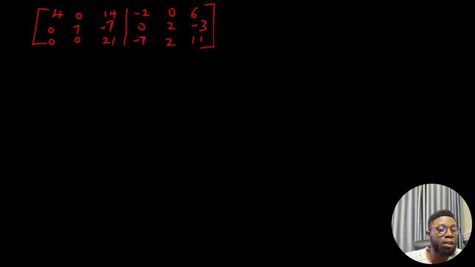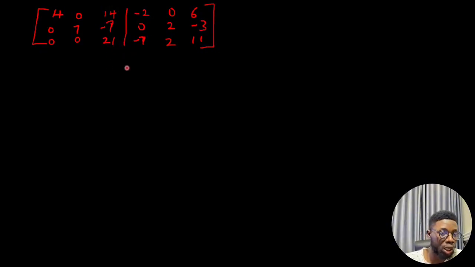Now, which means that I have the option of operating row 1 with either of row 2 or row 3. But if I operate row 1 with row 2, the existence of 7 here can easily make this 0 be a non-zero. So I'm constrained to only operate row 1 with row 3 to do whatever I need to do. So in that situation, I need to operate 14 and 21 and make it 0. 14 and 21 are not direct multiples of each other.